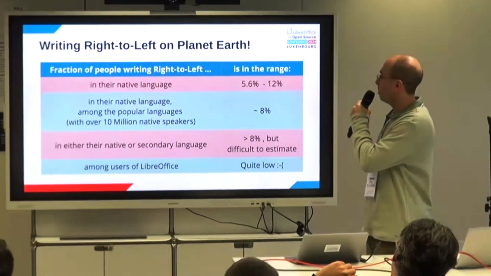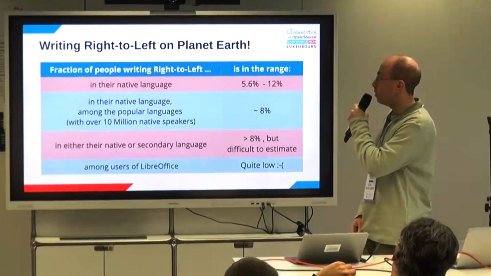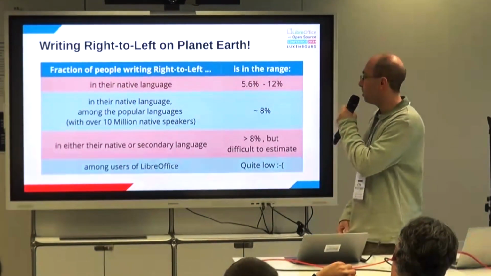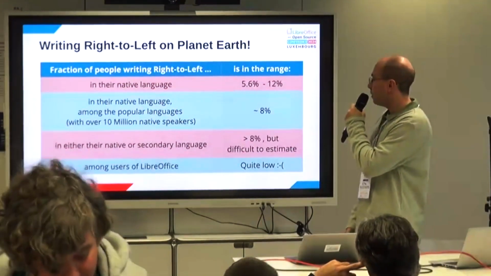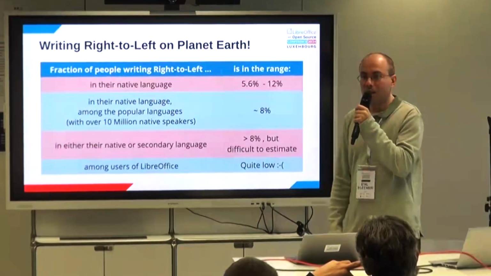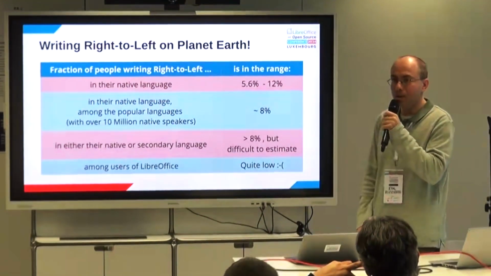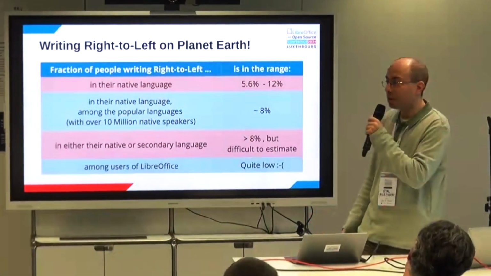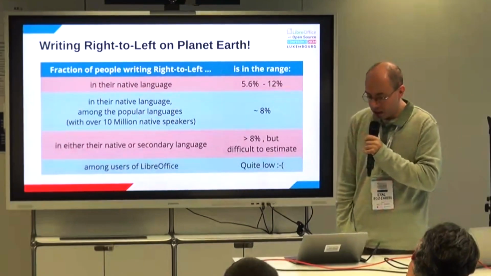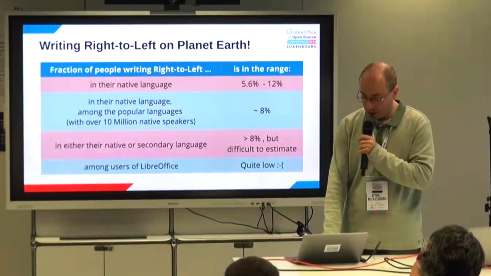Between 5.5% and 12% of the people on Earth use right-to-left script, but that depends on how you count. If it's the secondary language, then you have the fact that Islam is a very popular religion, and traditionally it uses the Arabic script for religious texts. A lot of people use Arabic as a second or third language.